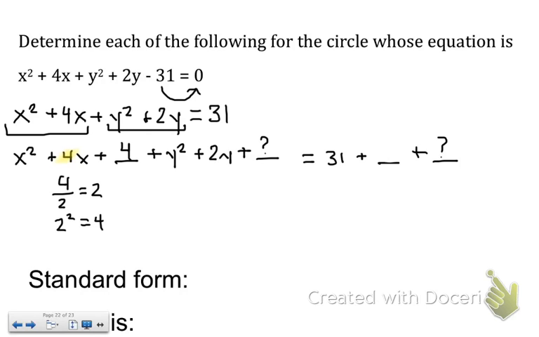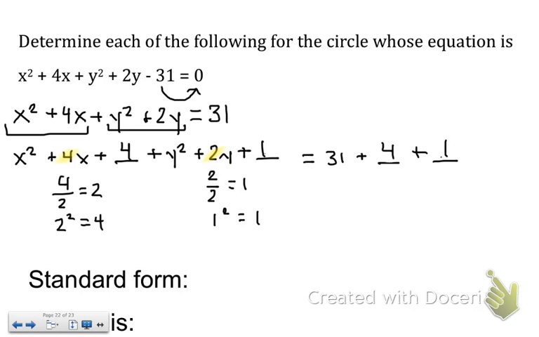Remember, I've got to add it in on both sides. Now let's check out our y terms. Here's the k. So I need to do 2 divided by 2, which is 1. 1 squared is 1. So I'm adding in a 1 on the left, and I'm adding in a 1 on the right.